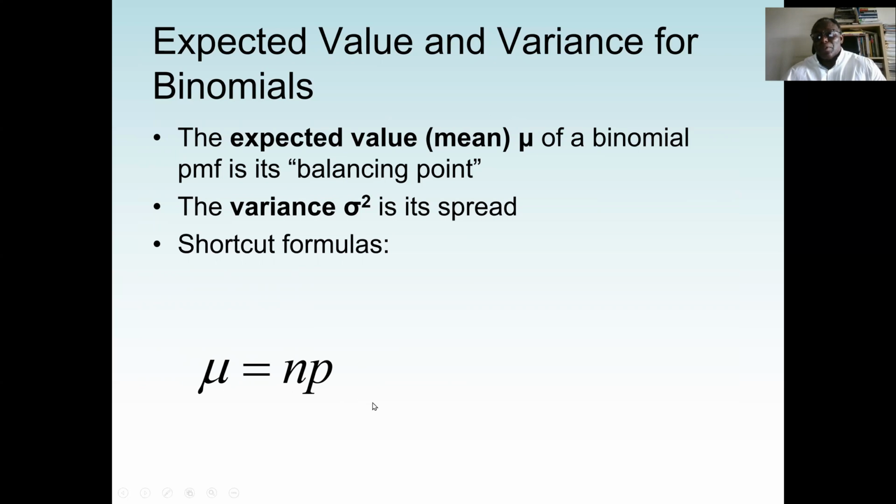So mu is np, and then the variance will be npq, which means the standard deviation will be the square root of n times p times q. Again, n is the total tries, p is the probability of success, q is the probability of failure. Anytime we know p, we can easily know q because 1 minus p gives us q. If you know q and you don't know p, it's also easy: 1 minus q will give me p.